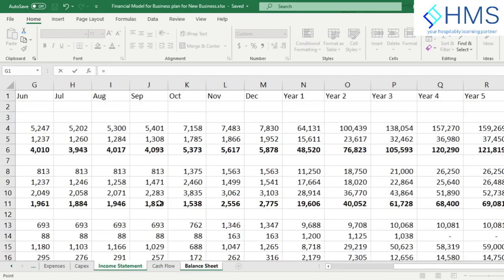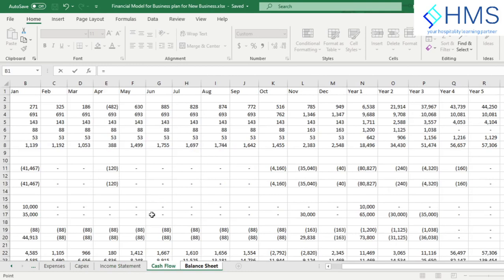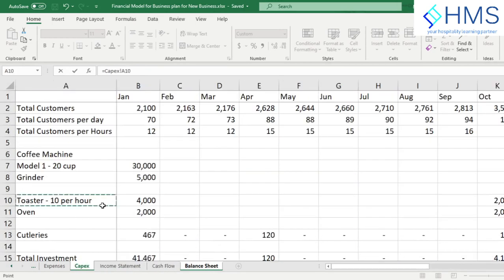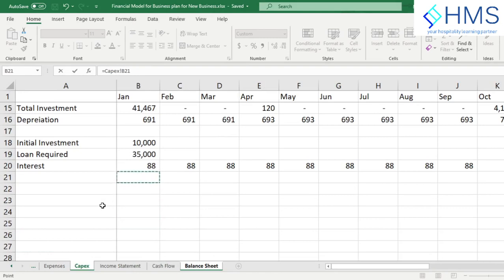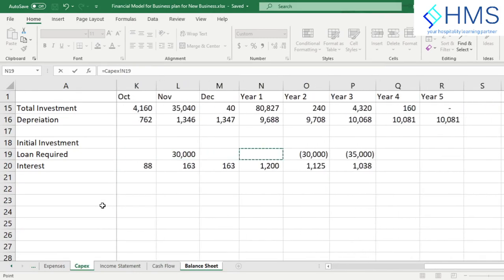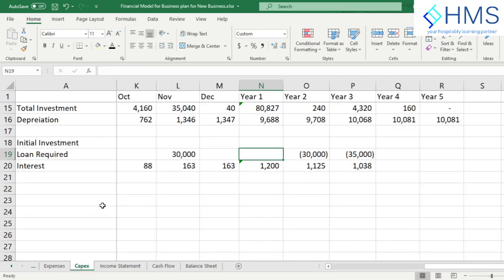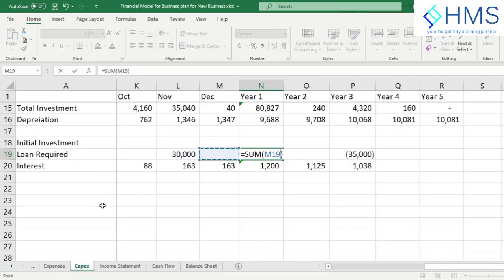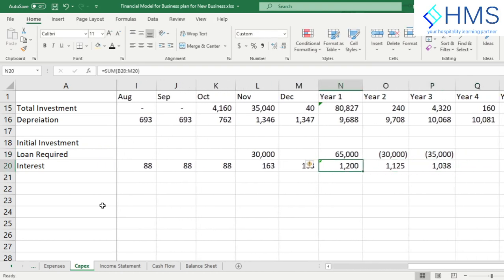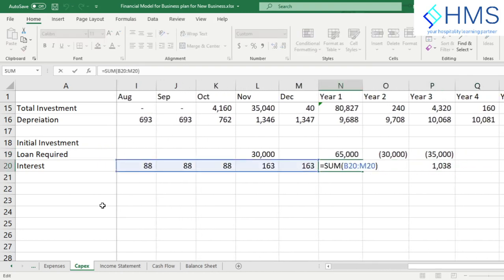Loans: how much loan we have, how much loan we are still pending with. So the loan outstanding amount you can take from here, year one, or you can take it from the capex line where we have calculated the investment, total loan required. So for year one, I can put the amount here, and the formula is correct.